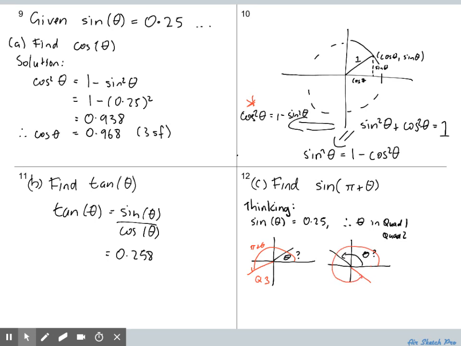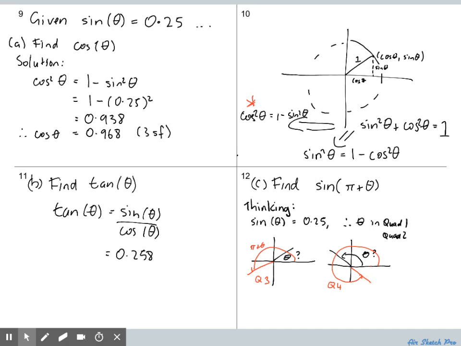There. So can you see it's kind of got a symmetrical quality to it? So it would end up in quadrant 4. So in both cases, adding pi to theta, wherever theta must have ended up, we'll just get it to the opposite quadrant.